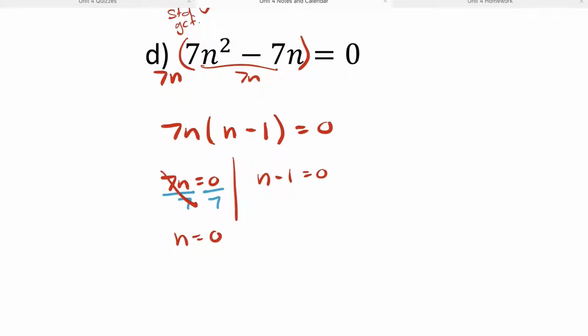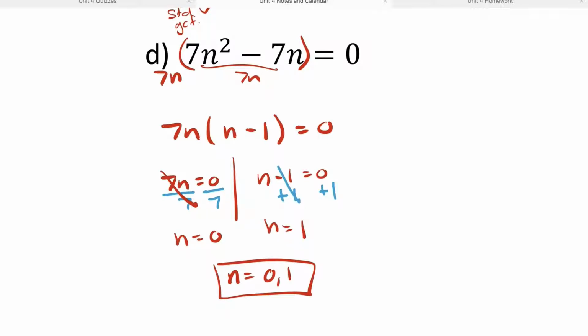And then on the right side, we would add 1 to both sides. And that would leave us with n equals 1. So our solution that we'll box will be n equals 0, 1. So again, there's always two solutions.